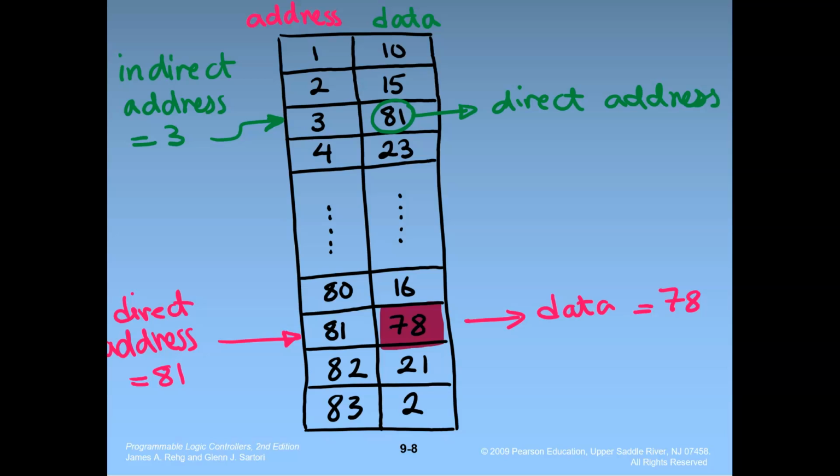Then after finding this particular direct address, I can come here, and then I know my data is equal to 78. So this green path is showing you how the indirect addressing mode works. In indirect addressing, you provide the address that has the direct address as data, and then when you get that data, which is the direct address, you can use that direct address to find your desired data. Now let's go to index addressing mode.